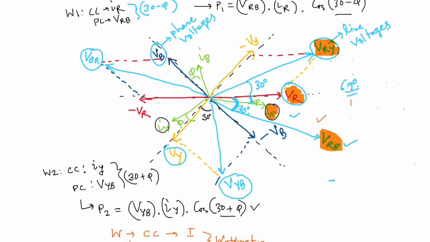If this is VR and this is VRB, it is 30 degrees, so this should be the direction of IR. It is lagging VRB by another 6.9 degrees. So this is 36.9 degrees, right? The angle between VRB and IR is becoming 6.9 degrees.